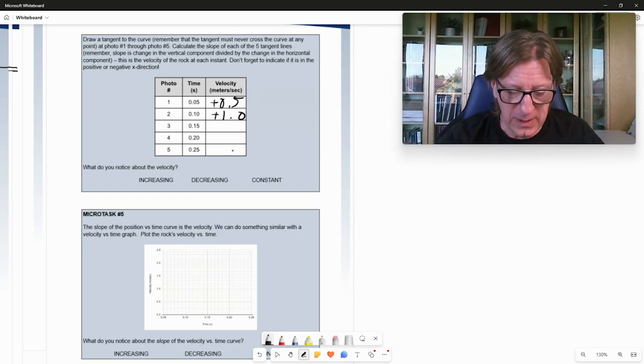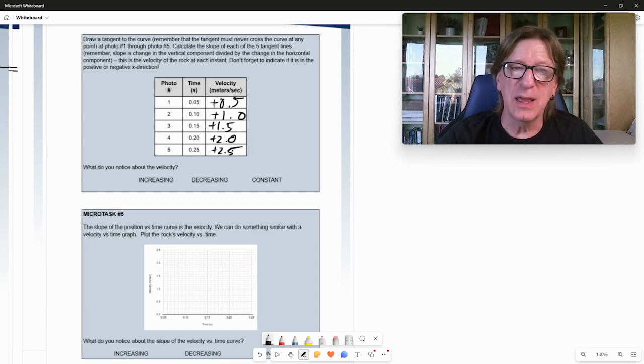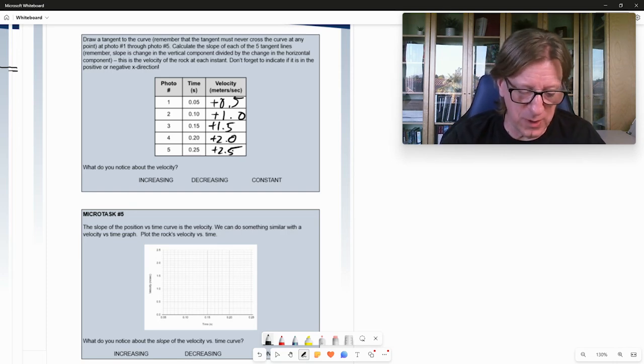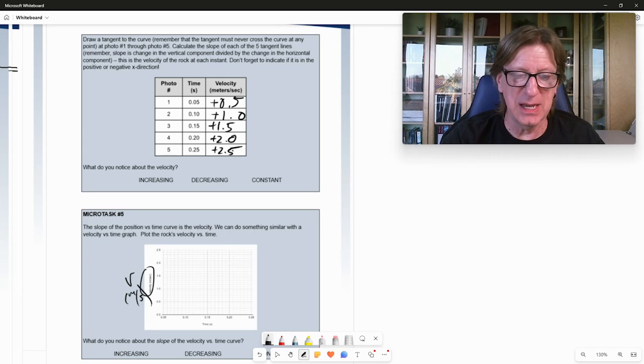All right. Then here at photo 3, I got positive 1.5 meters per second. I think you're probably starting to see a pattern. This was 2.0 and this was 2.5. So every 500th of a second, my velocity went up by 0.5 meters per second. If we're going to graph that on this velocity versus time curve, notice that this is velocity in meters per second, and I've still got my time in seconds.